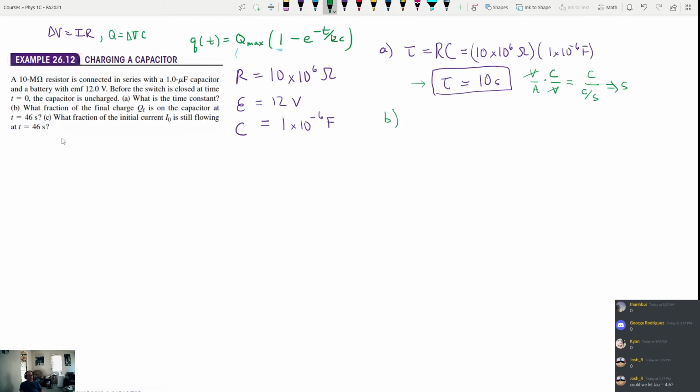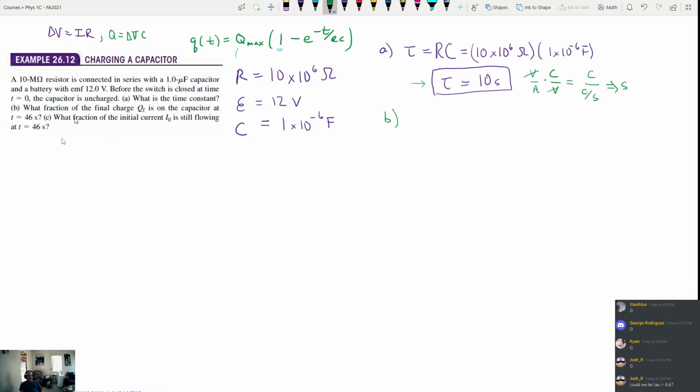Make the exponent 4.6? No, I didn't realize tau was a fixed number, so I thought we could just kind of make it work in terms of what we figured it out to be and what we needed it to be from the problem. Oh, okay, I see what you're saying. Yeah. Okay. You're kind of on the right track because the exponent up here is actually going to be 4.6. So you are kind of thinking about it properly.